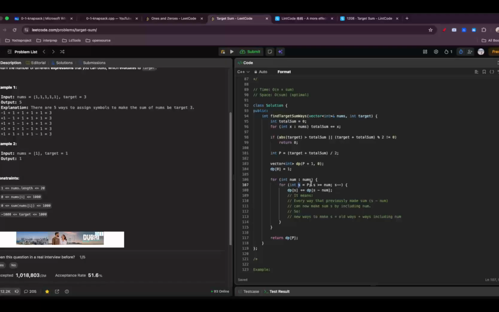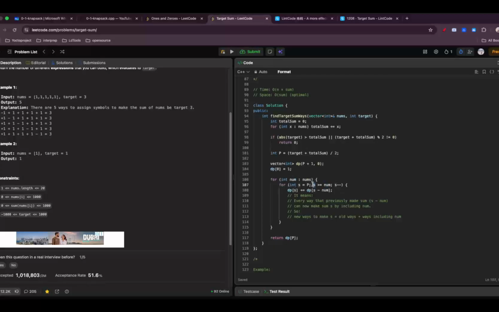We are starting from the highest, that is the target p itself, and going down, choosing this num, until the num we have chosen.